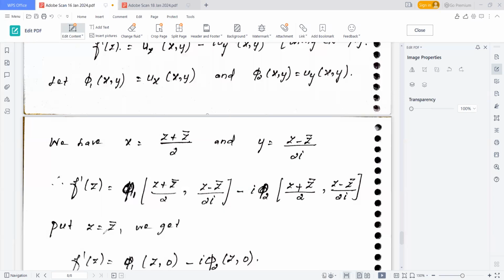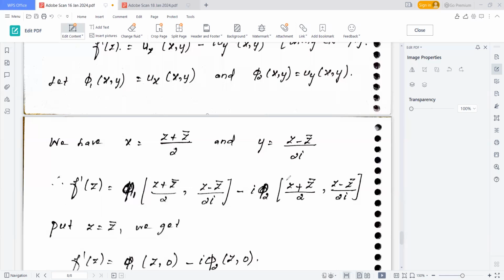Now putting z equal to z bar, z plus z bar by 2 becomes 2z by 2, so the 2 cancels and we get z. Here we get z minus z, therefore this term will become 0.